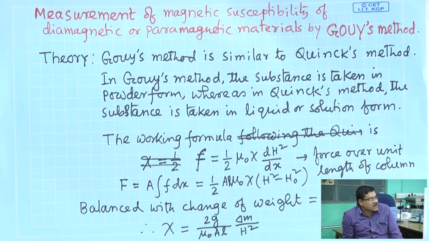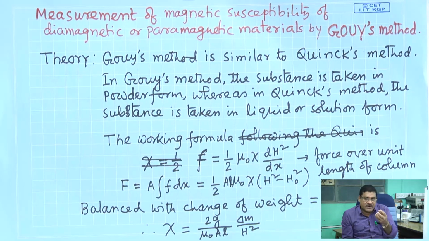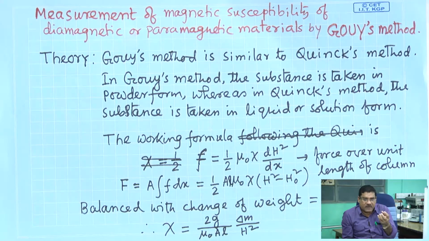The sample form is different. In Queen's method it is a liquid form of the sample, and in Guy's method it has to be solid form and columnar form, okay, either rod form or the powder in a tube.